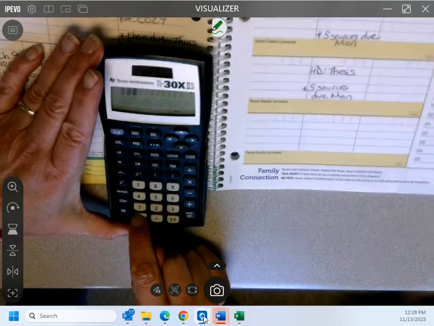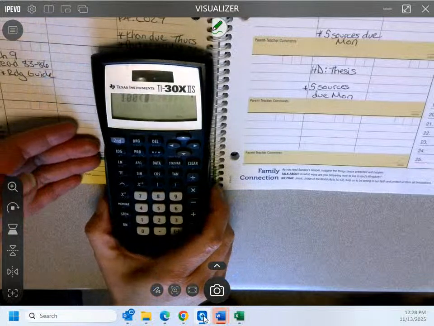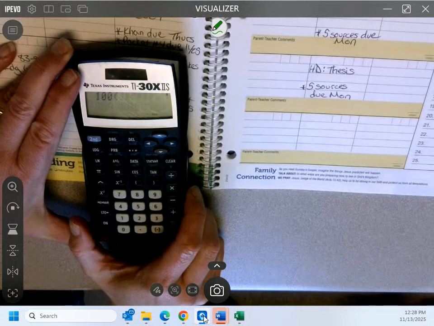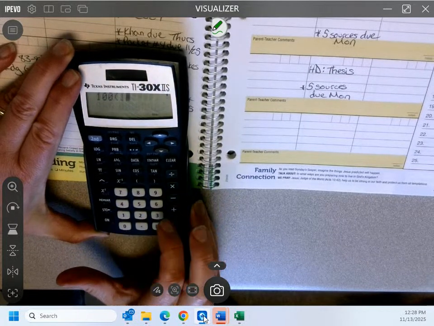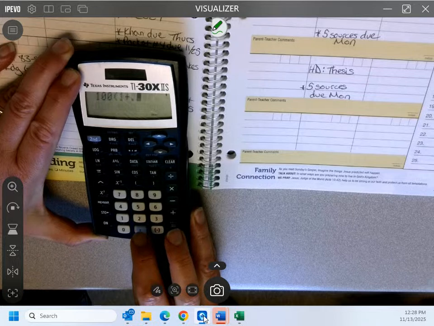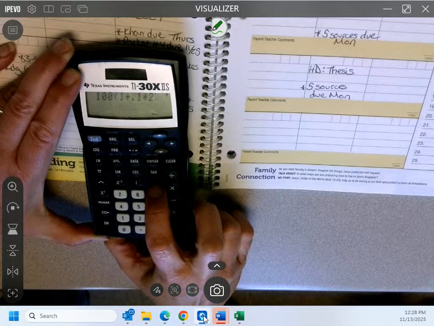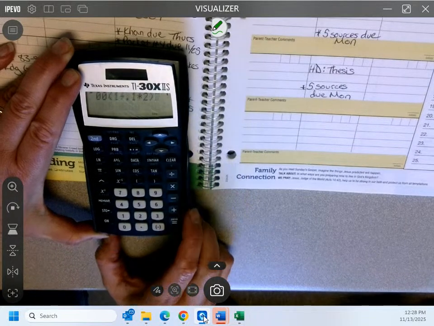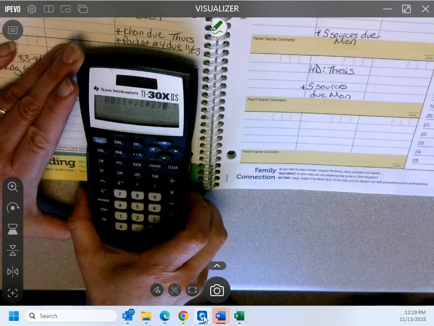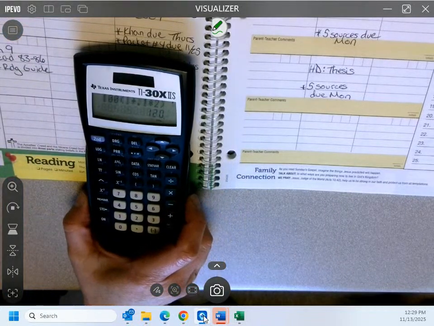So I had my principal of 100, then I have my parentheses. Can we see that? And then in the parentheses I have 1 plus, let me see, was it 0.1 times 2? Yeah. And then I have to close my parentheses. So you have to make your calculation on your calculator look just like what you wrote on your paper. And then it equals 120.